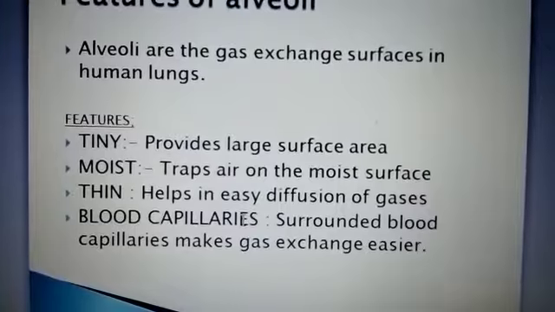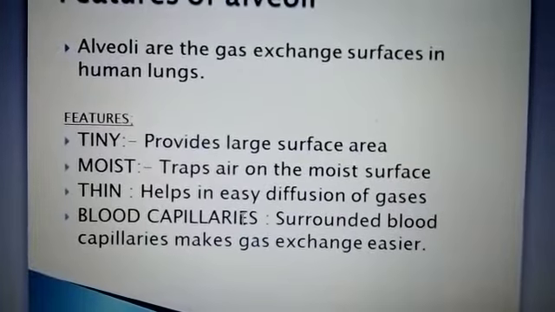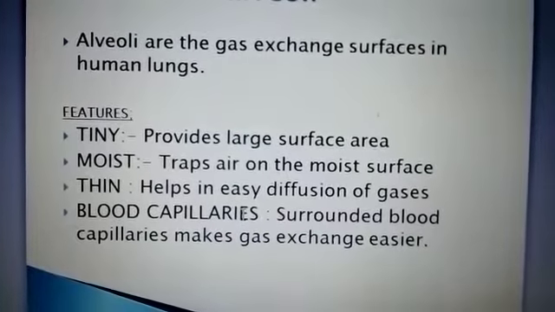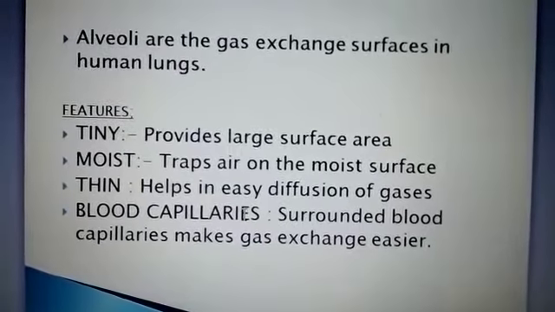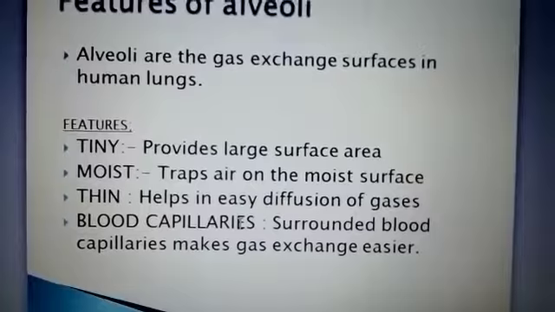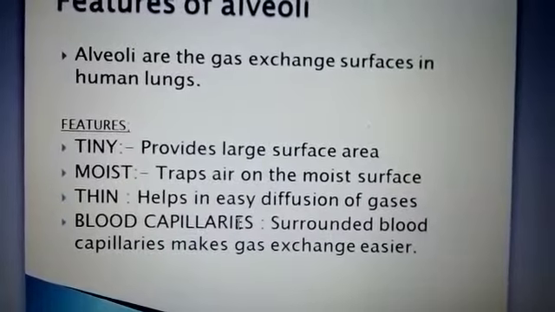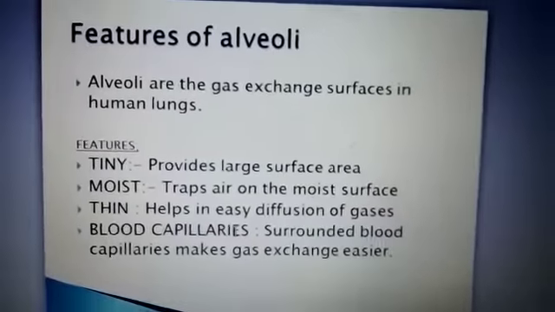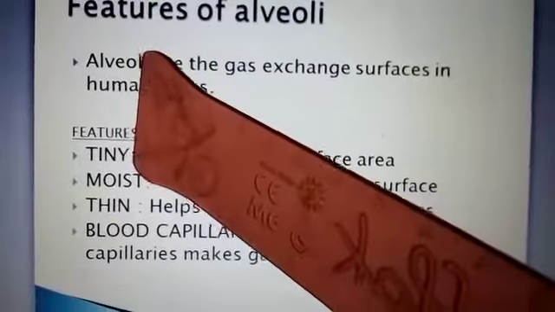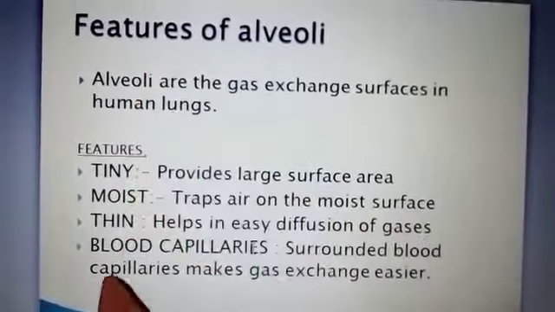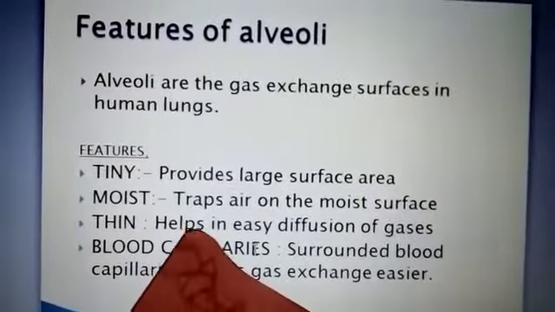Then these are very thin, which helps in the easy diffusion of gases. Then these are surrounded by blood capillaries for easy gas exchange. So again, what are the features of alveoli? These are very tiny, moist, thin and surrounded by blood capillaries.